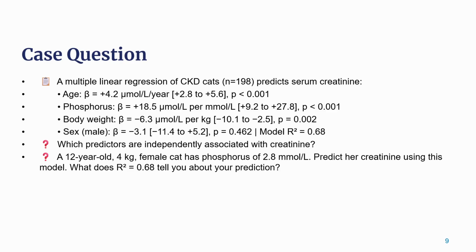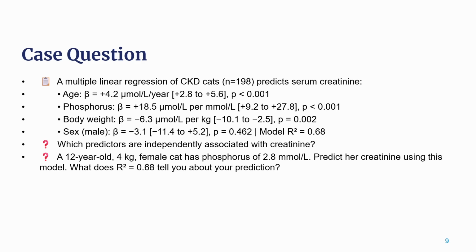Part 2, prediction. We don't have the intercept from the case, so let's reason qualitatively. A 12-year-old cat, 12 times 4.2 equals plus 50.4 contribution from age. Phosphorus of 2.8 micromoles per liter, 2.8 times 18.5 equals plus 51.8 from phosphorus.